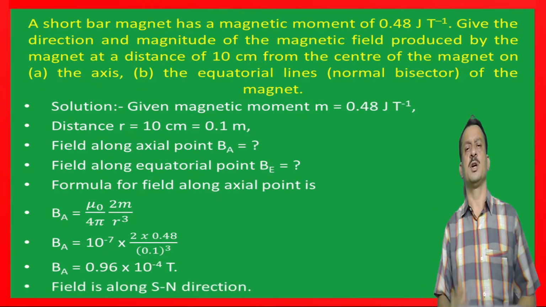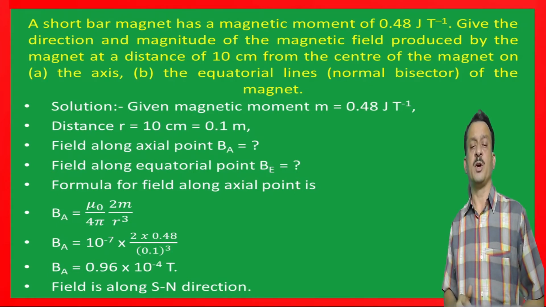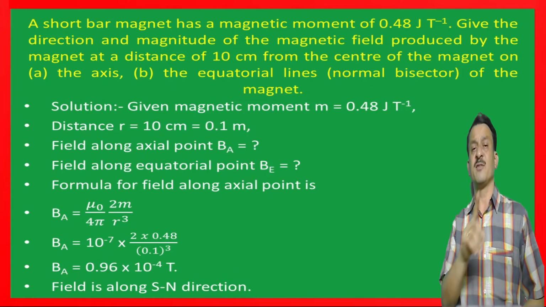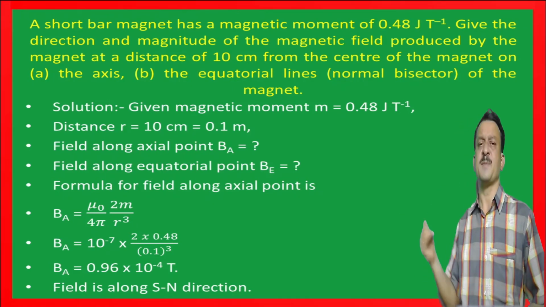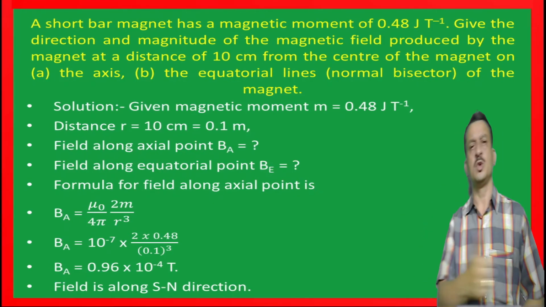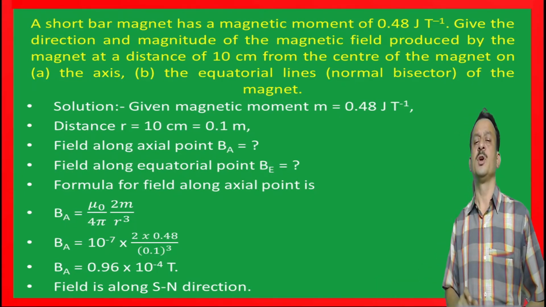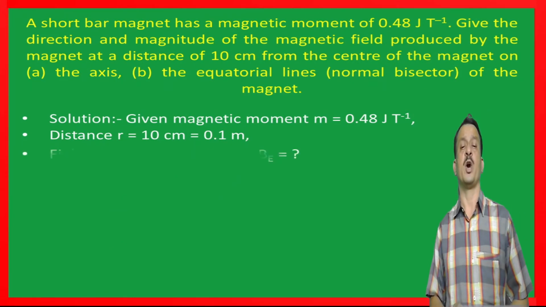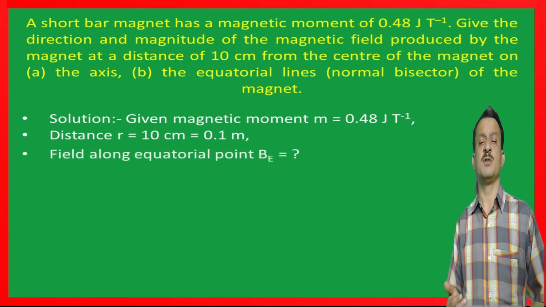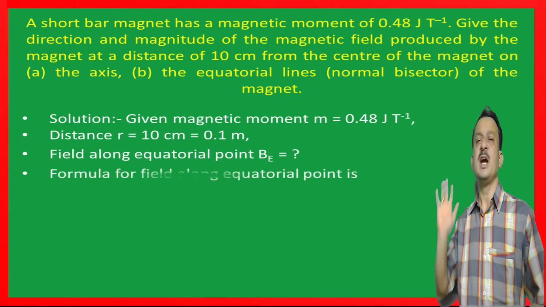Now we have to work out the field along the equatorial point. The direction of the field along the axial point is from south to the north, inside the bar magnet. Now the formula once again, B is equal to mu naught divided by 4 pi times m by r cube.